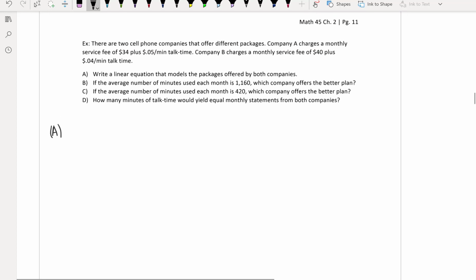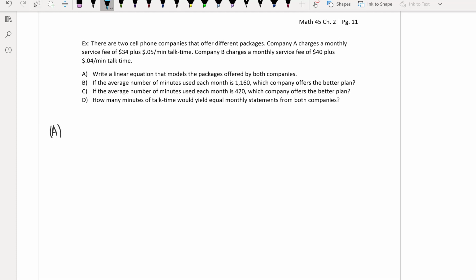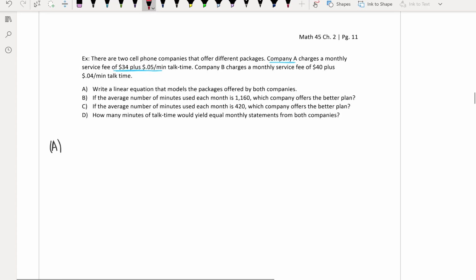I want to think about these two different companies. So let's say company A has the monthly service fee of $34 plus 5 cents per minute talking time. This type of equation is going to be y is equal to mx plus b. This is a linear equation, okay? We know that m is going to be our slope.